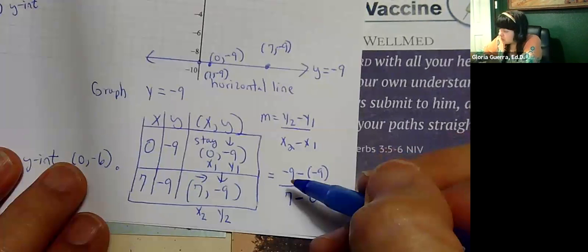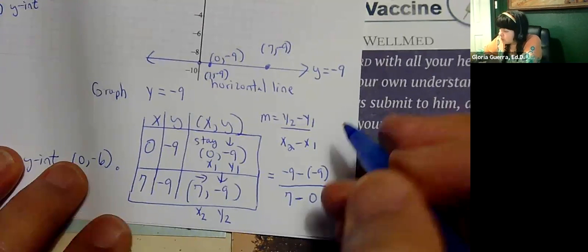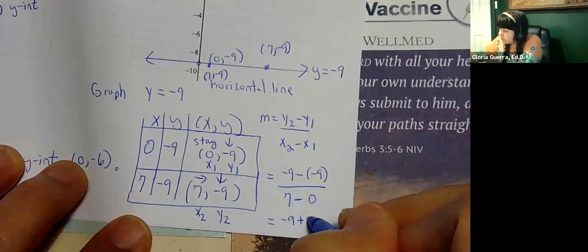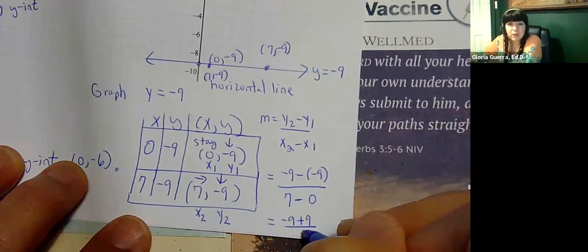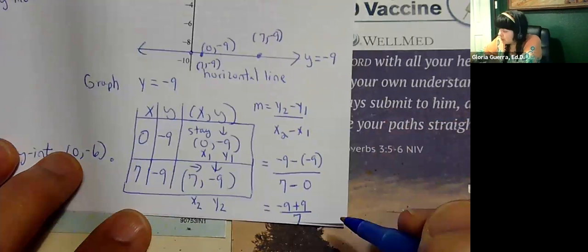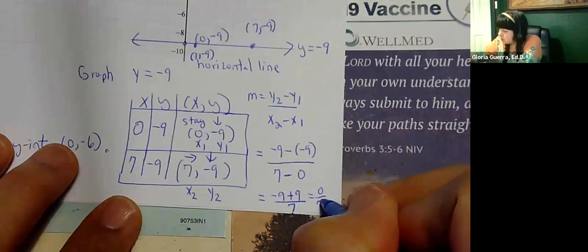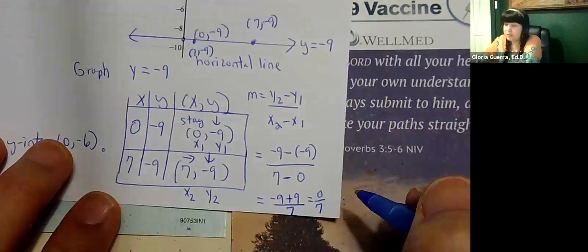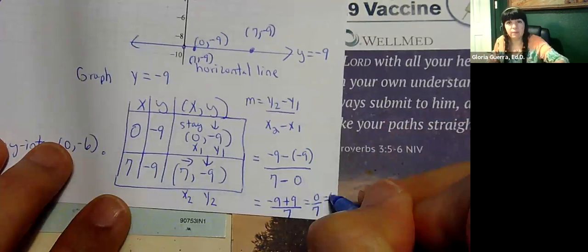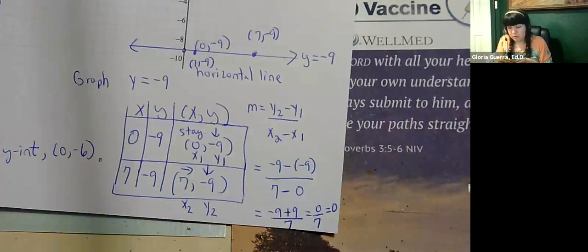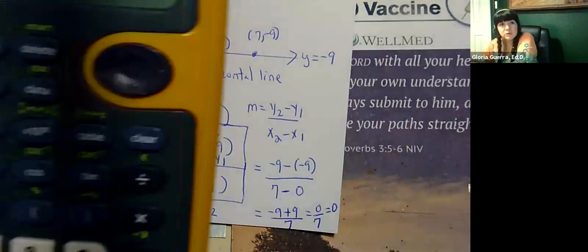So this is -9 plus 9 over 7 minus 0 is 7. -9 plus 9 is 0 divided by 7. And 0 divided by 7 is 0. Right? I use my calculator.